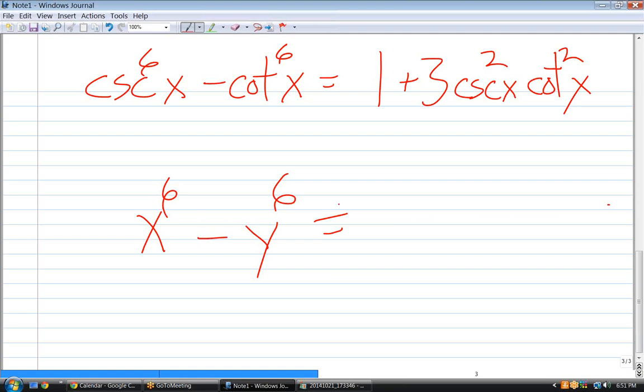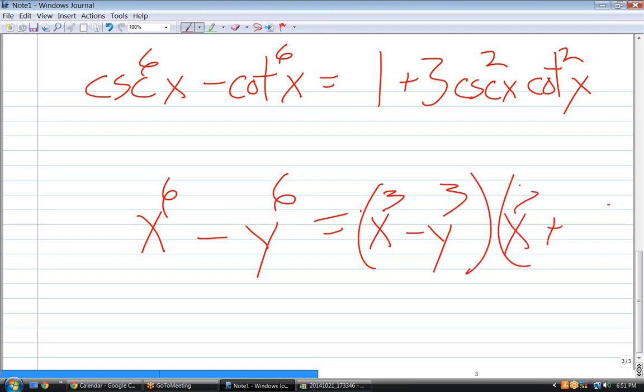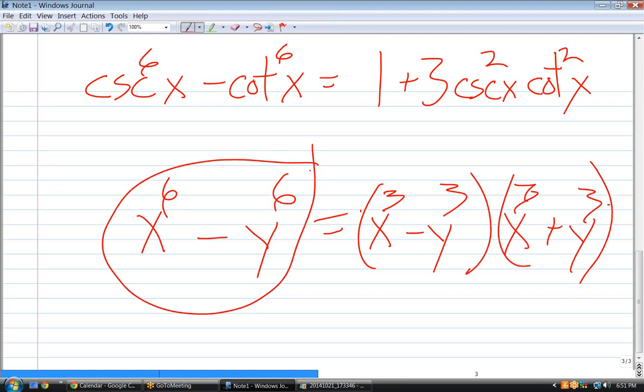Notice that that is x cubed minus y cubed times x cubed plus y cubed. In other words, I can use difference of squares on that, only the square root of x to the 6th is x cubed.